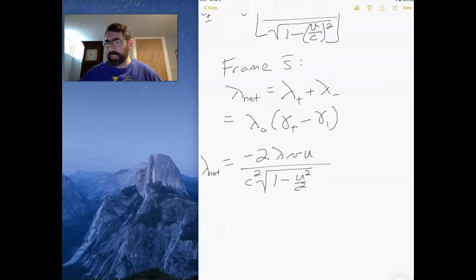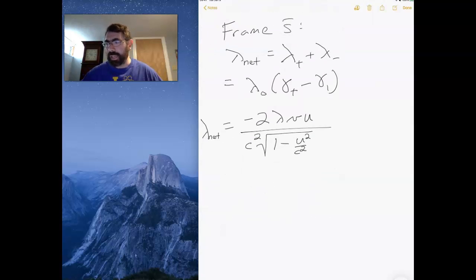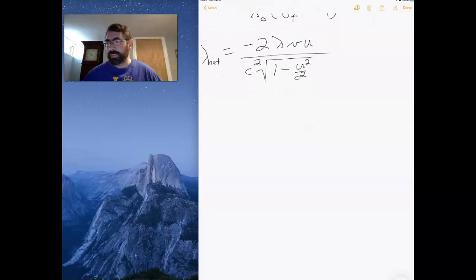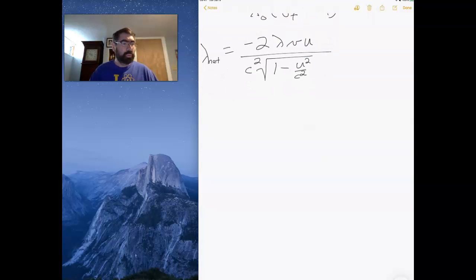So the last word I'll say about this is: where do we get these net charge densities? Well, we get them because there is a length contraction, which causes an uneven grouping of the charges.